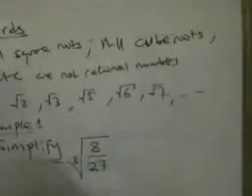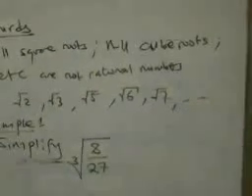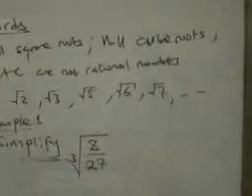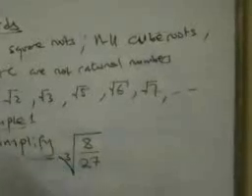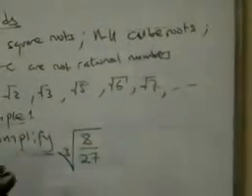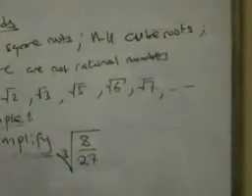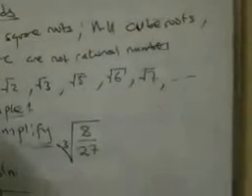Simplify the cube root of 8 over 27. If they give you something like that, what do you do? A cube root is the same as, like, 8 over 27. We know very well that in surds, for this cube root, you make sure that the 3 is inside there.